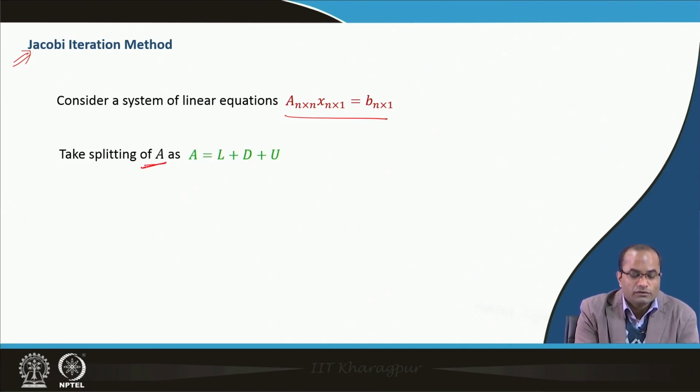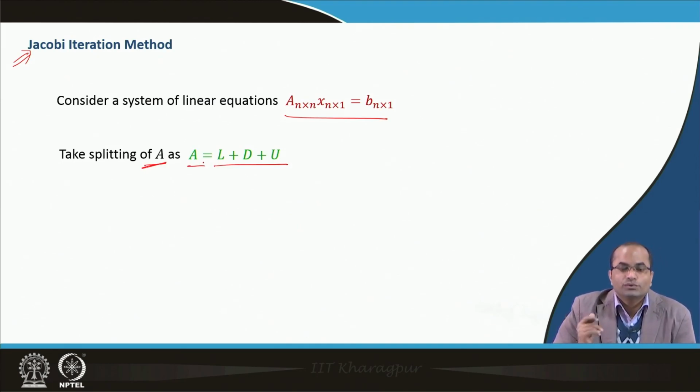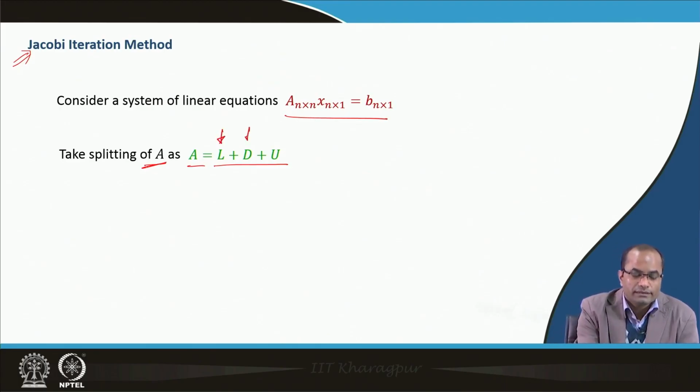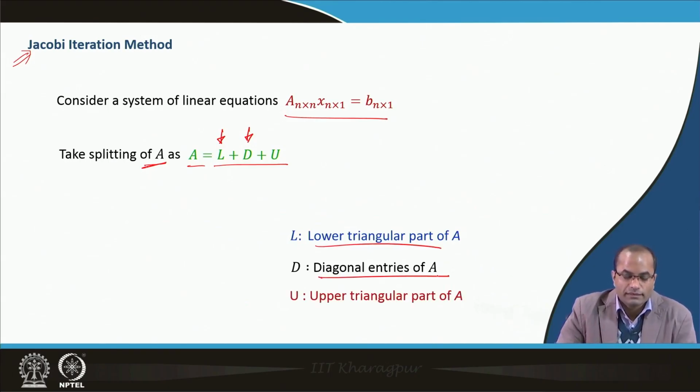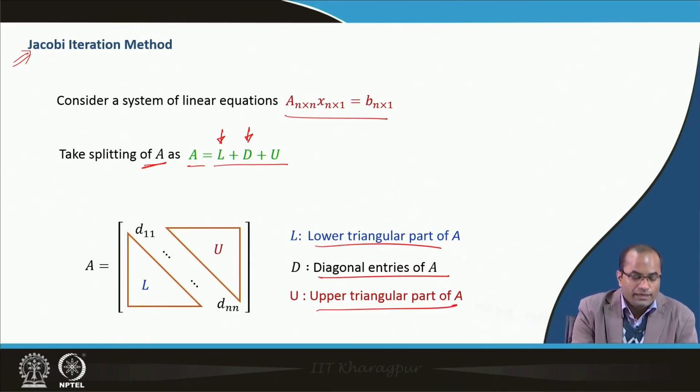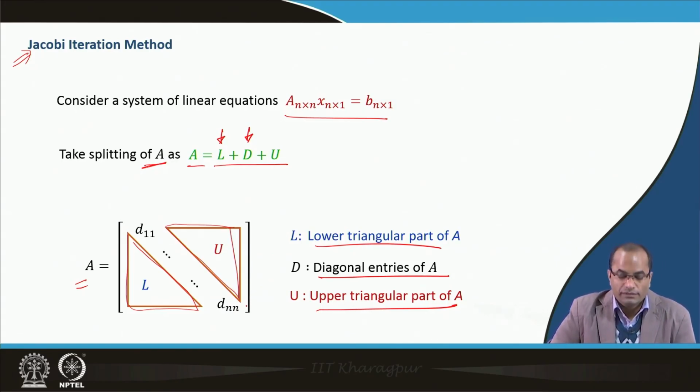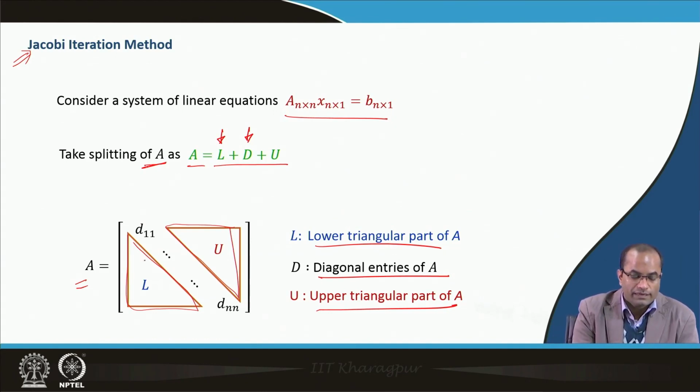Take this splitting of A as L plus D plus U. Here L is the lower triangular matrix, D is the diagonal entries of A, so the diagonal matrix, and U is the upper triangular part of A. The lower portion below the diagonal we call L, then the upper portion we call U, and the middle one is the elements of D. So L is lower triangular having these elements, and the rest will be set to 0.